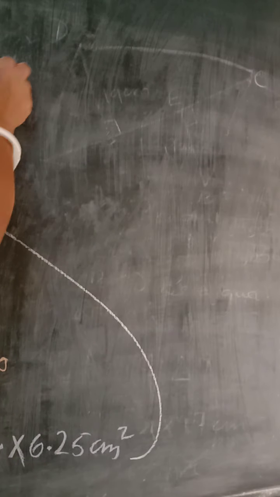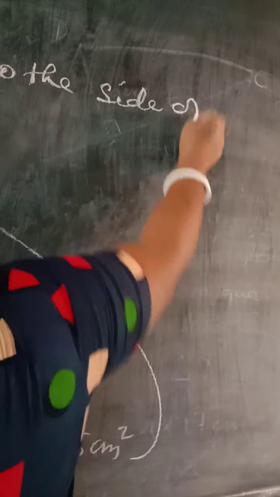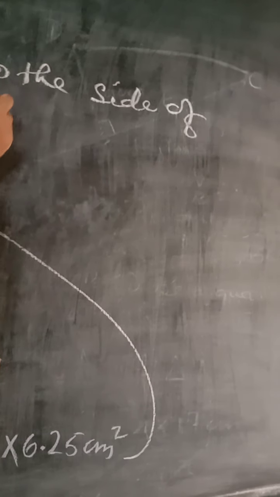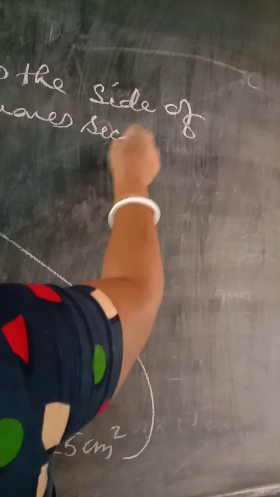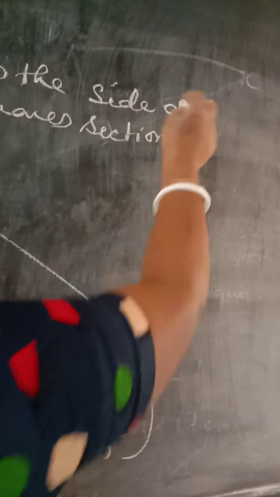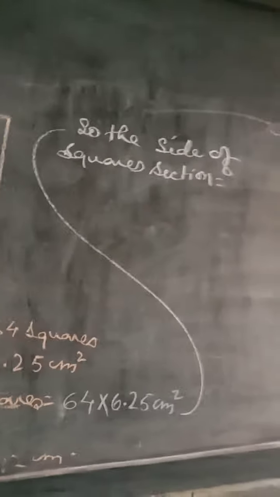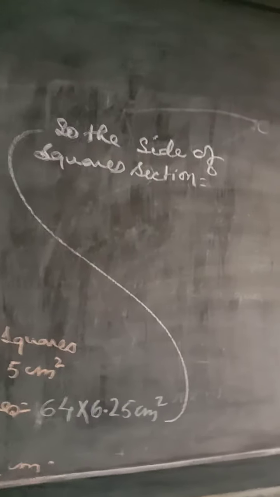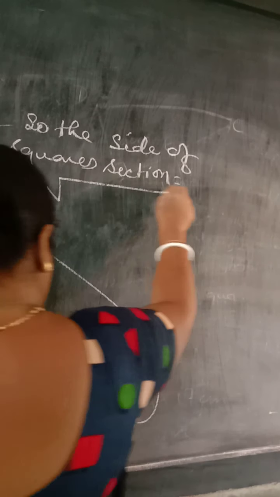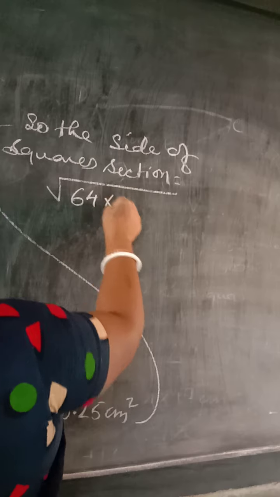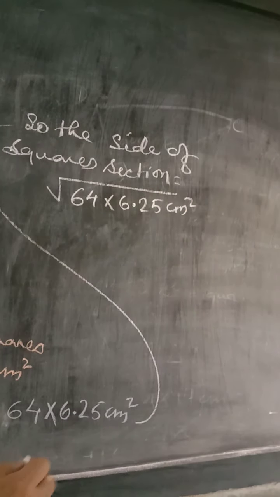So the side of squares section is equal to under root 64 into 6.25 centimeters square, because we have area of this portion.